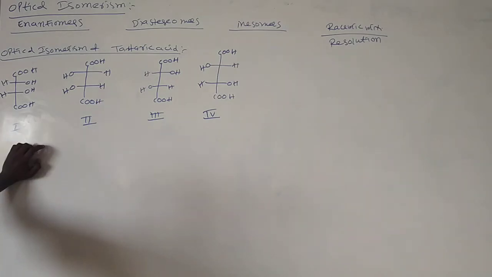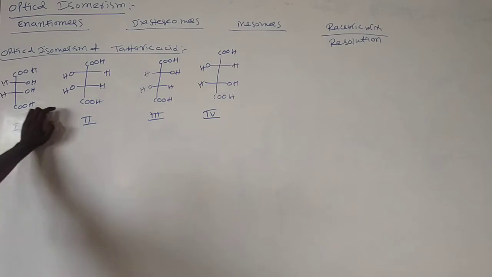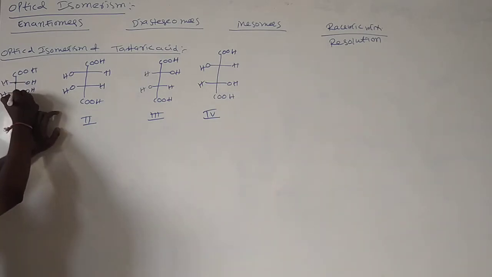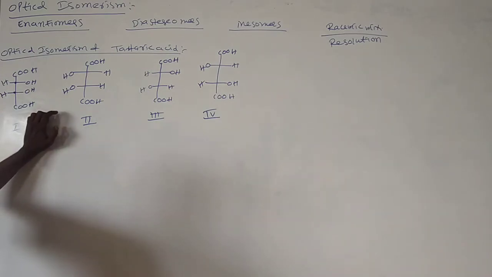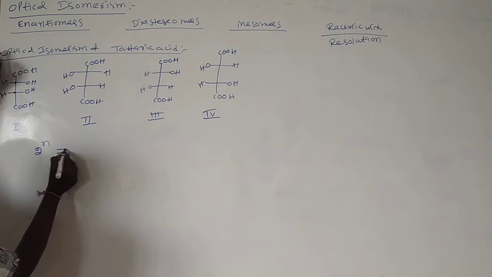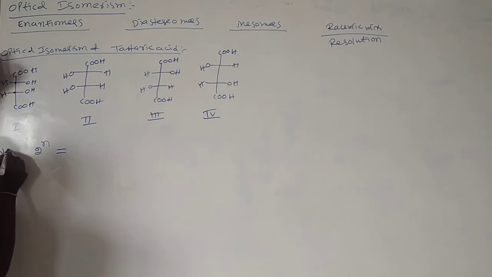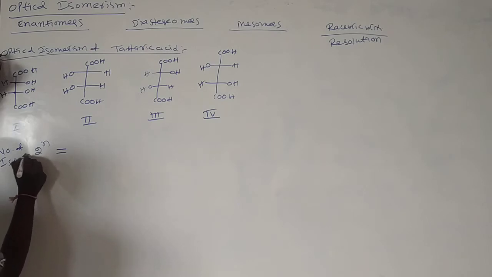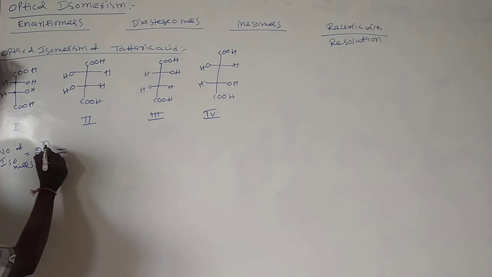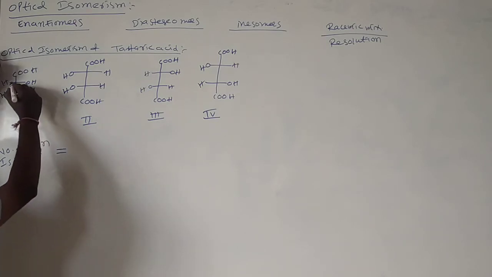See these structures. Yesterday we discussed that tartaric acid contains two chiral carbon atoms. Based on the principle, the number of stereoisomers or optical isomers is 2 to the power of n, where n is the number of chiral carbon atoms.